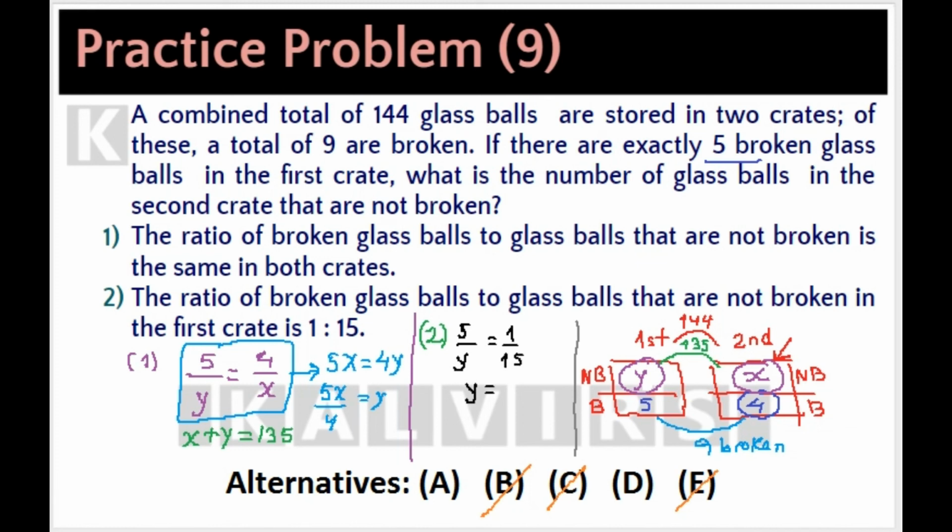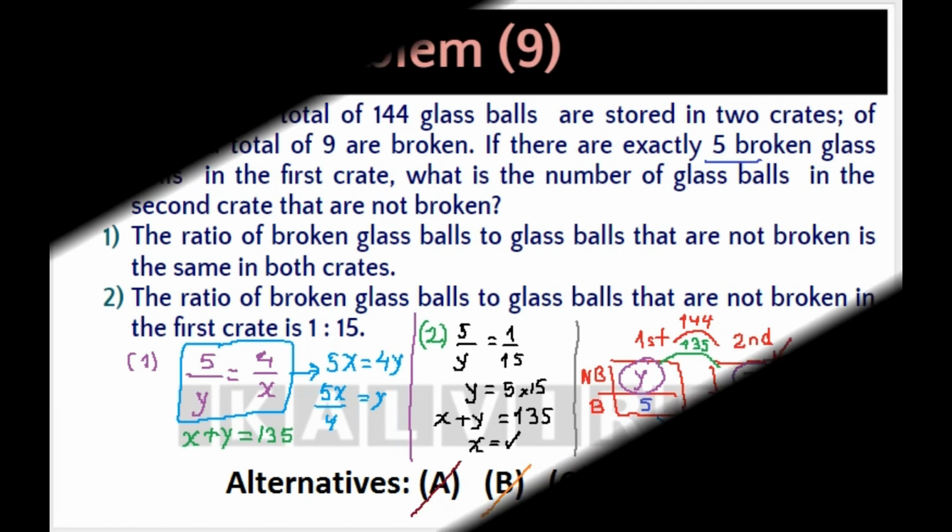We solve for y equals 5 times 15. And we know that x plus y from the question stem is 135. We can solve for x and we will get the value of x. Therefore, statement 2 alone is sufficient. Alternative A is eliminated. Choice D is correct.